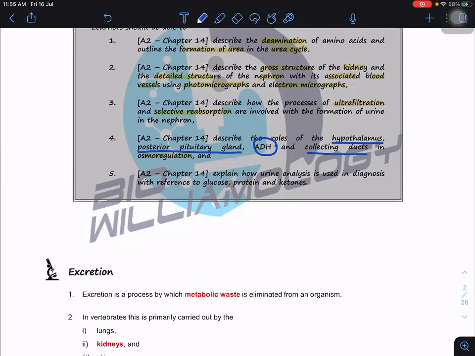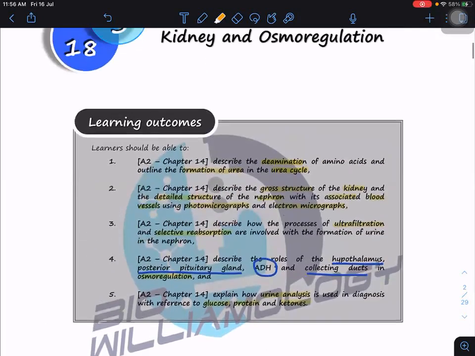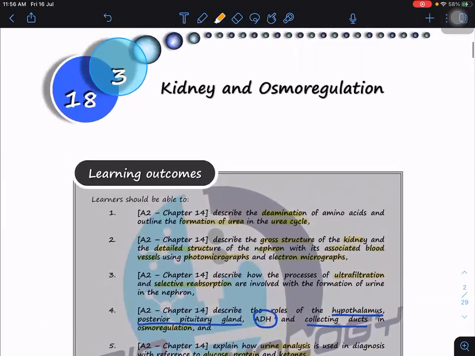Diuretic means a high volume of urine. Anti means to stop producing a high volume of urine, so that our body will conserve more water. And the last part, we're going to look at how we can use urine analysis to look at how glucose, protein, and ketones appear in the urine and what they indicate. So basically this will be the topics we're going to learn. It's quite a long topic, kidney and osmoregulation.